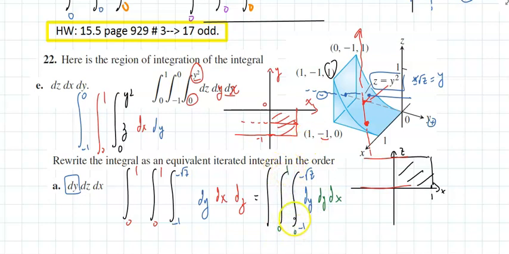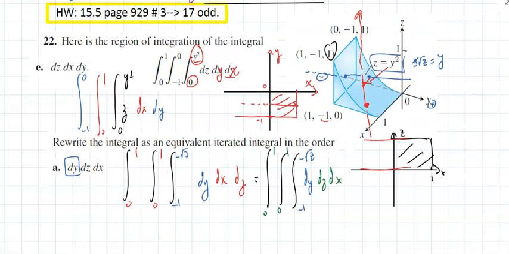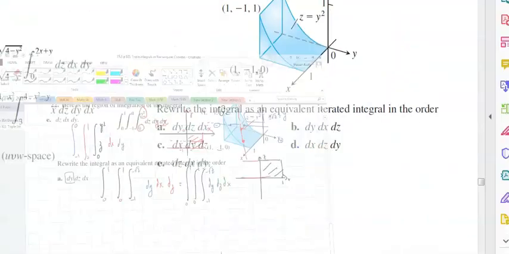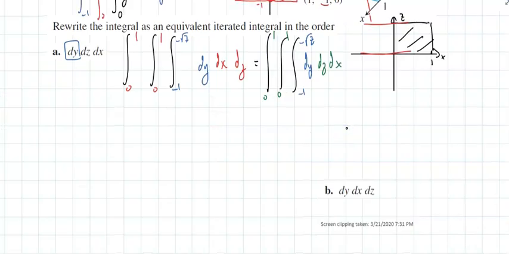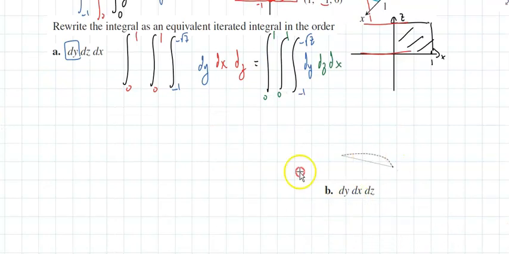Alright, I made that mistake again. And so I'm guessing that would be B. That's B right there.